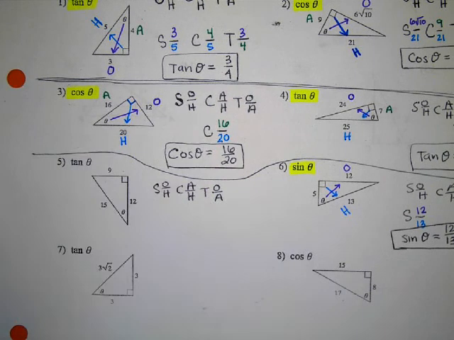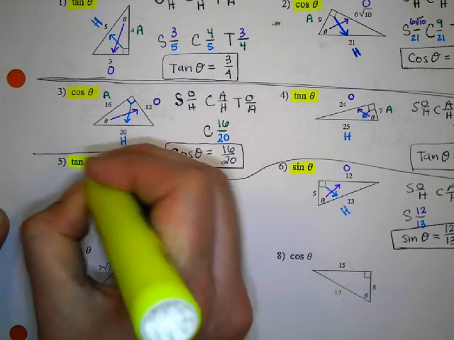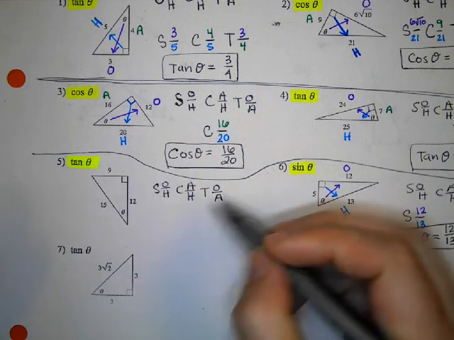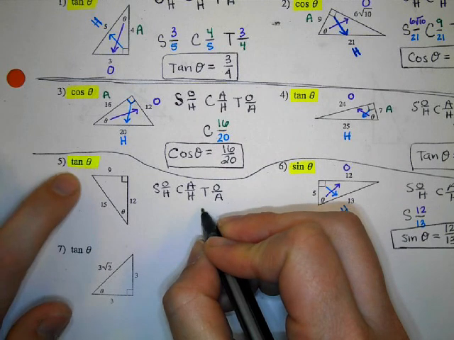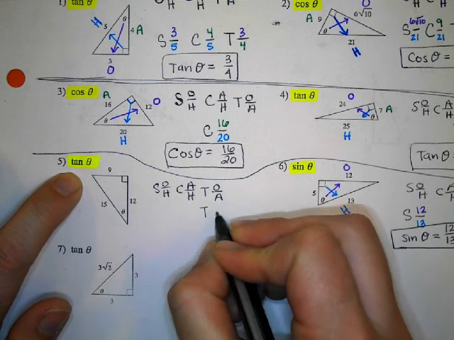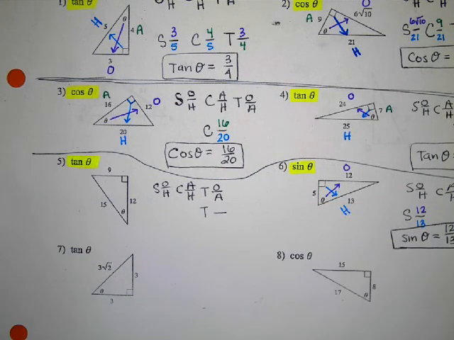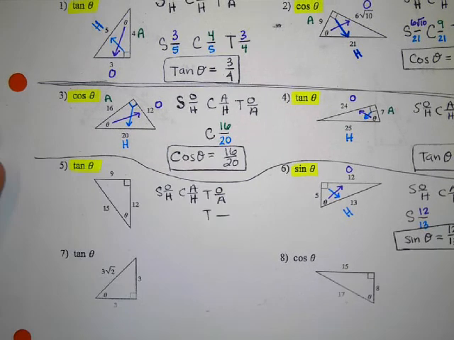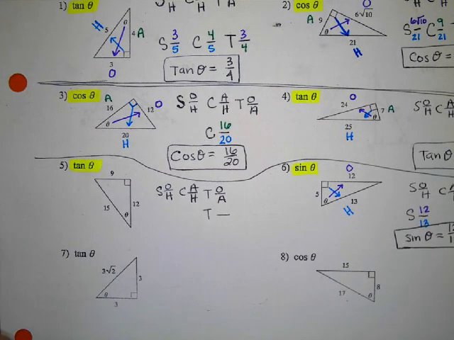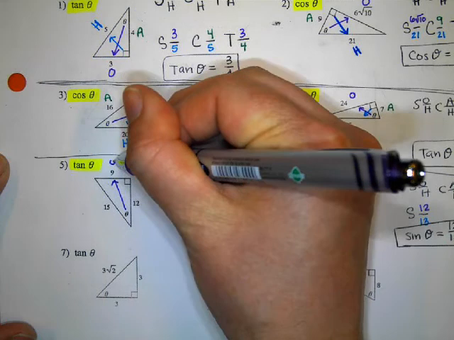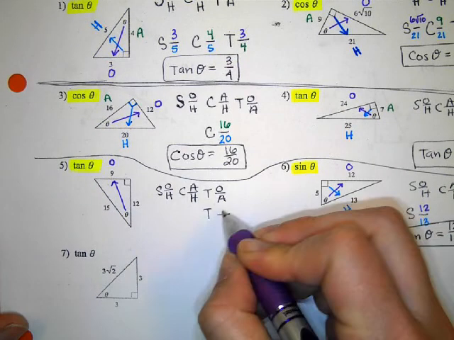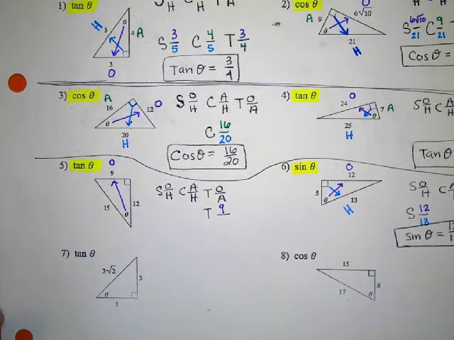Now, they only want tangent. That is going to help me single out the information from this fraction. Tangent starts with T, so I only need this T one. Opposite is opposite of the theta. This is the opposite side. And then I need the adjacent.